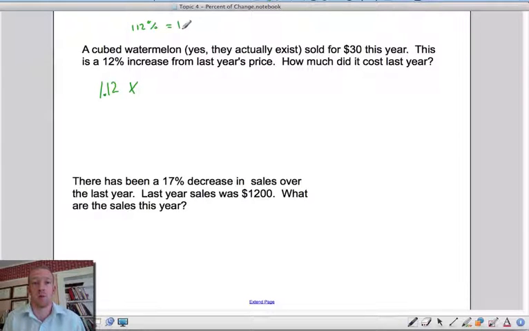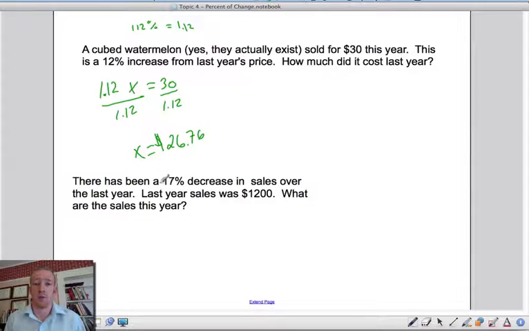So 112% times last year's price equals this year's price. Then divide by 1.12, and you get x equals approximately 26.76.